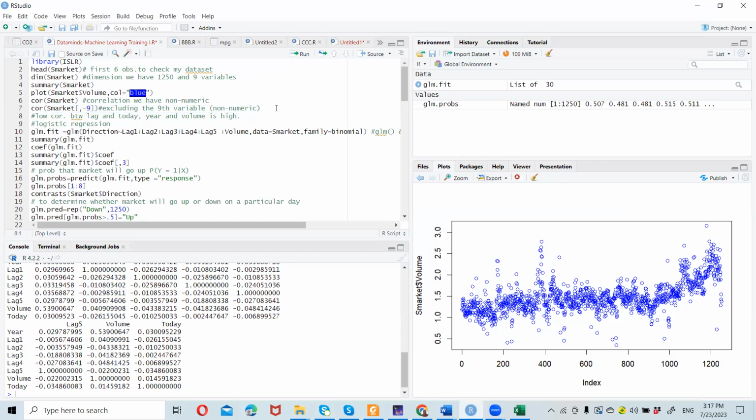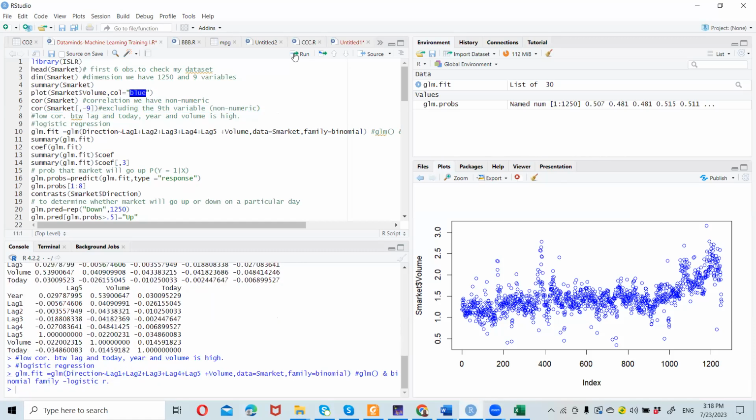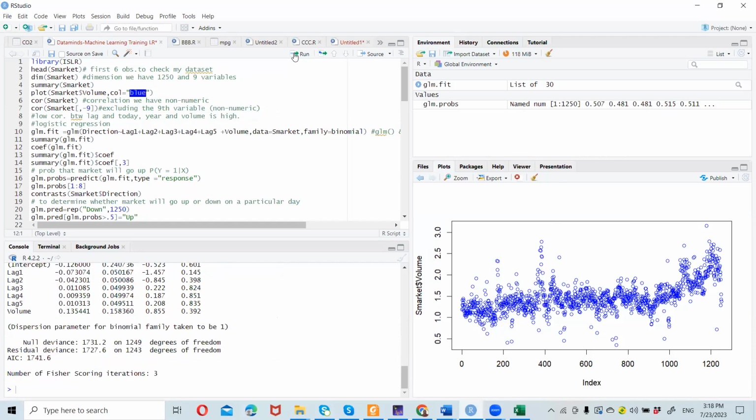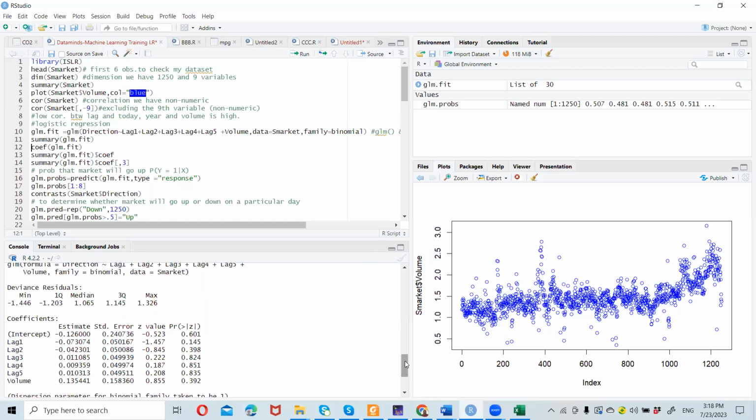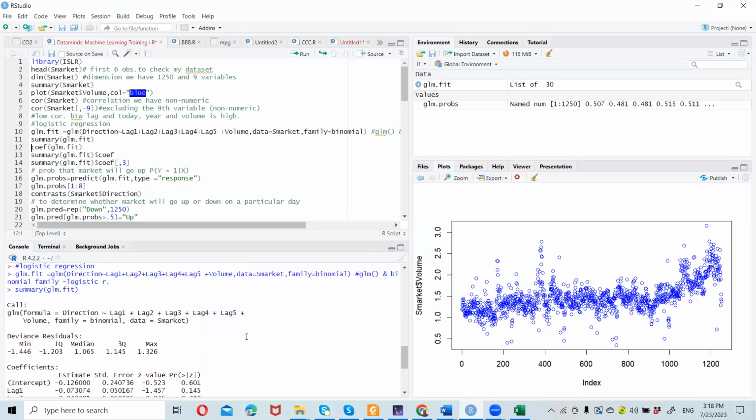Kindly help me run it so that I'll proceed from there. Okay. Over to you. Okay. Yes, we can see that. Oh, please, let me bring it down a bit.